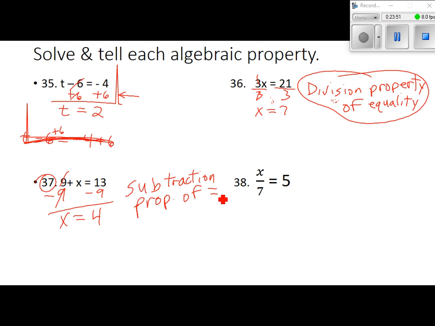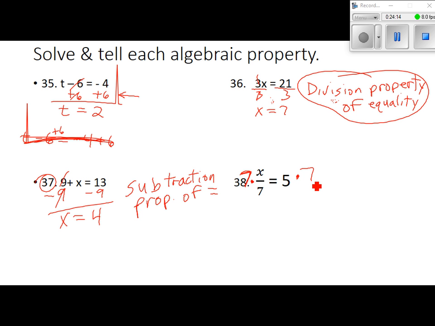Next one. These are always the funnest because everybody hates these and I don't understand why. Because it's got a fraction in it. What do you do? Multiply both sides by 7. If you're dividing by 7, the inverse or the opposite of that is to multiply by 7.